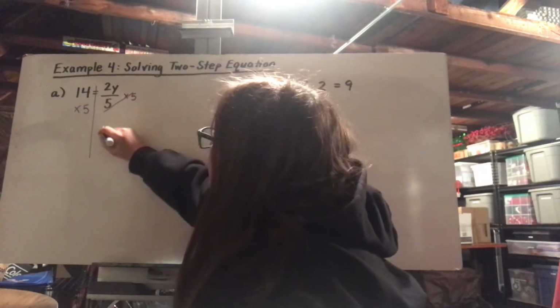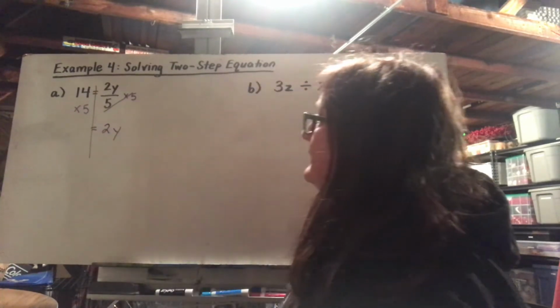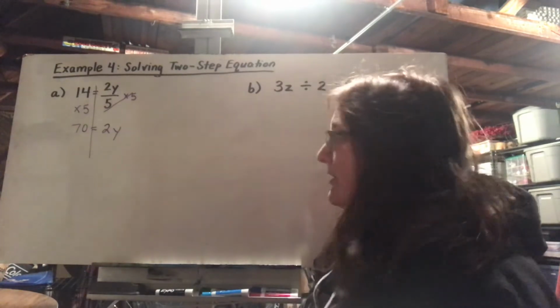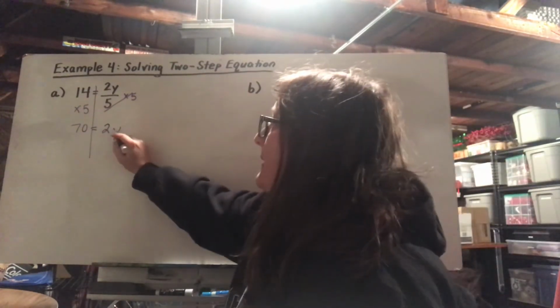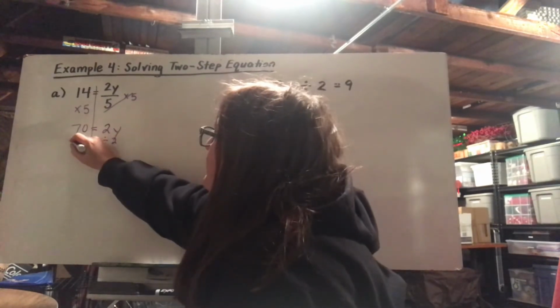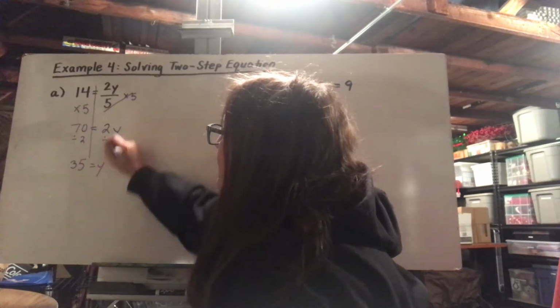So I'll be left here with the 2y because I haven't canceled out the 2 yet. And 14 times 5 is going to give me 70. Okay? So now I have to get rid of the 2y. This is multiplying by 2. So I will divide both sides by 2. And I get 35 equals y.